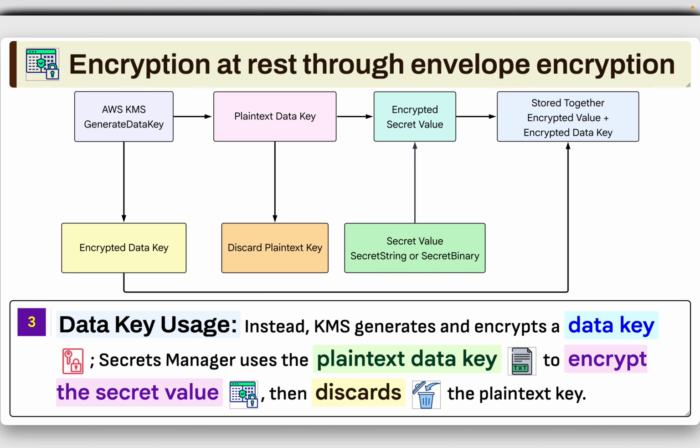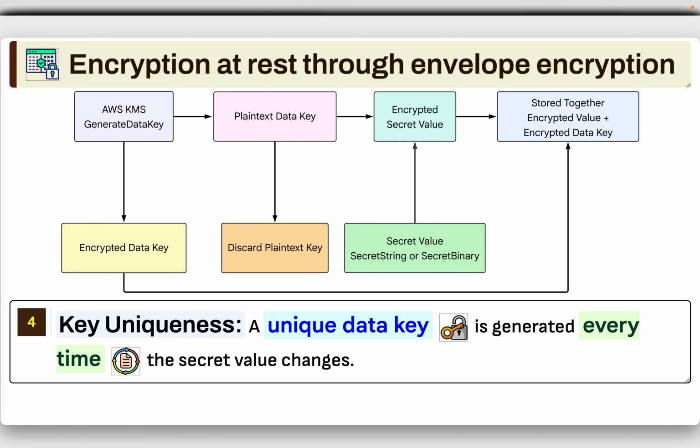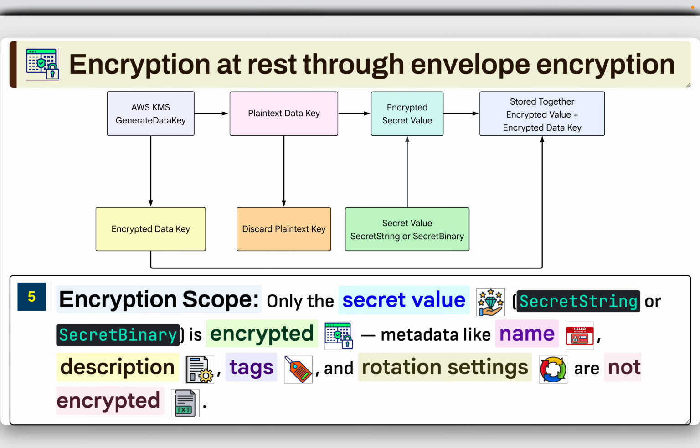Secrets Manager uses the plaintext data key to encrypt the secret value, then discards the plaintext key. A unique data key is generated every time the secret value changes. Only the secret value, which is secret string or secret binary, is encrypted. Metadata like name, description, tags, and rotation settings are not encrypted.